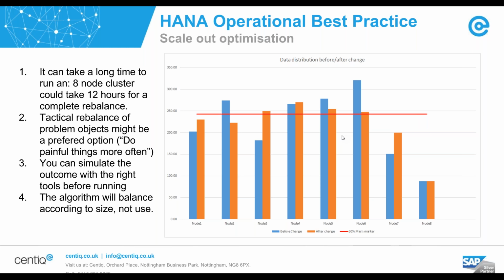Now, if you follow DevOps principles, they say do painful things more often so that you get better at them, and you get more confident that you can do them in the first place. So I've encouraged customers to be brave and do this more frequently, get the redistribution done more frequently.